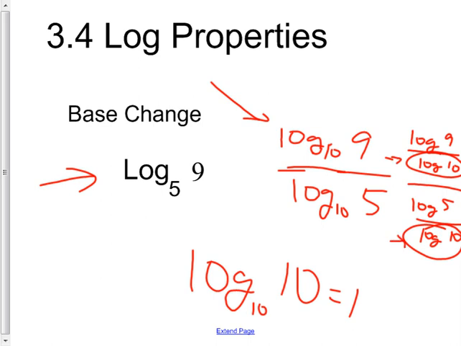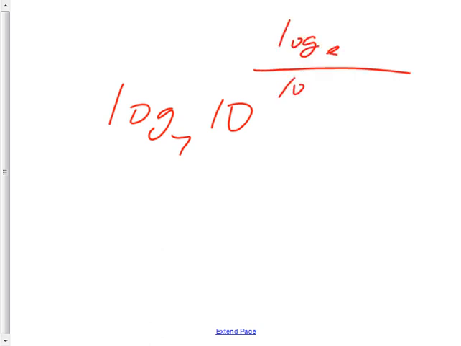Okay. Moving on. The main thing is, if you see this on a test, what base is it in right now? Base 7. Could you rewrite it as base E? Yes, you could. And you'd say log base E of 10 over log base E of 7.